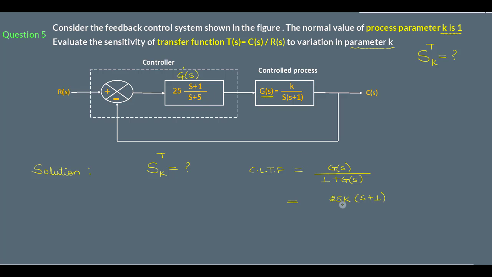Since these blocks are in series, they get multiplied, we have in denominator S plus 5 into S plus 1. This is our G of S.